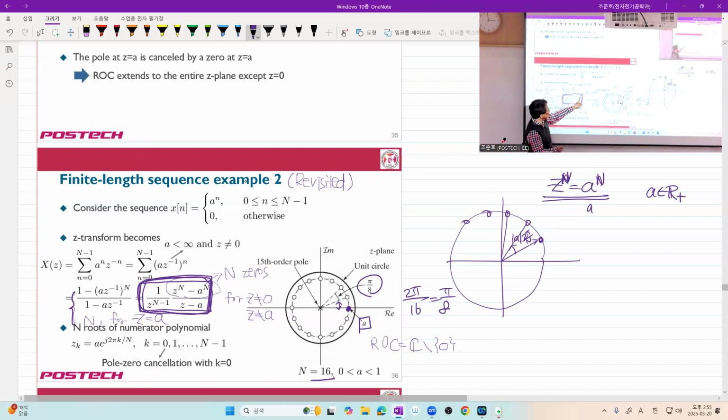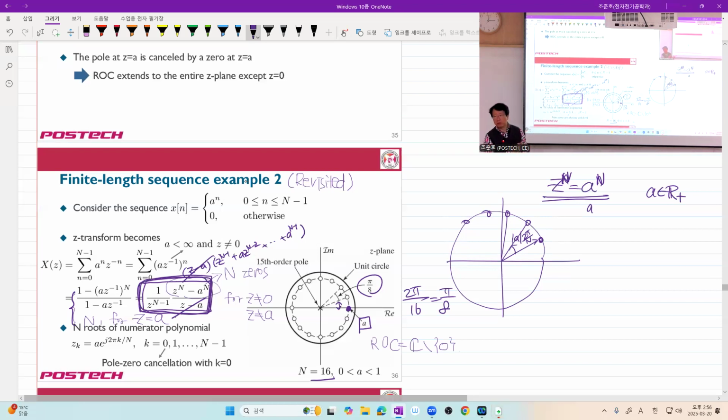So you can just delete Z minus A. Is it? Yeah. To take care of this one, what happened? We call this phenomenon pole zero cancellation.